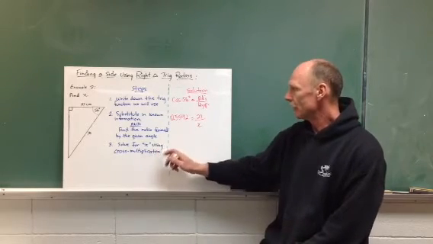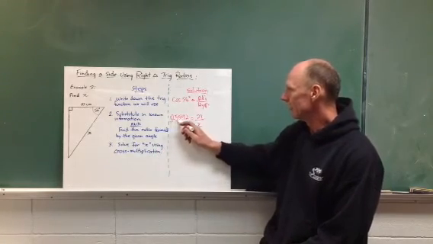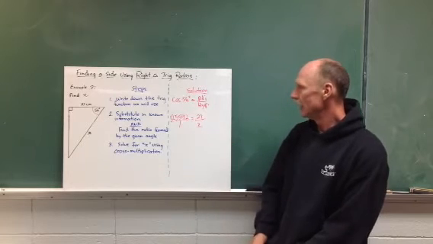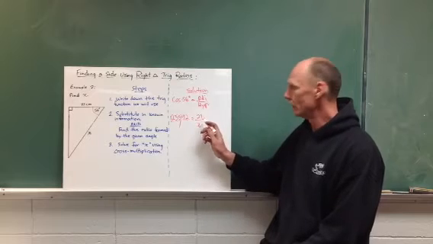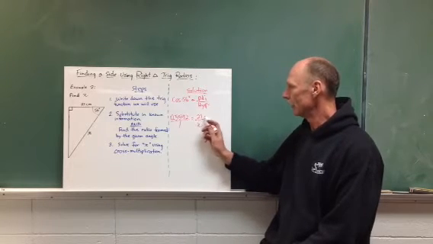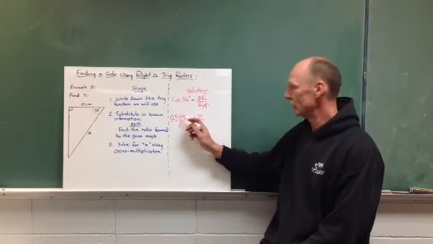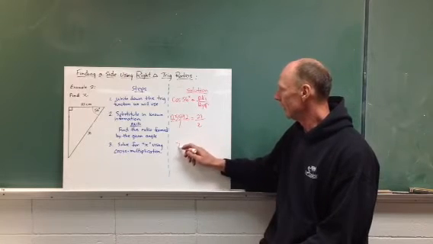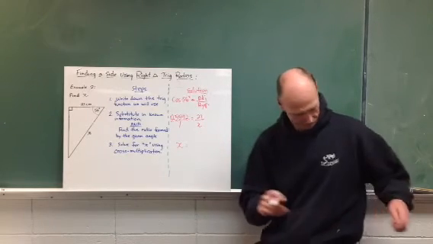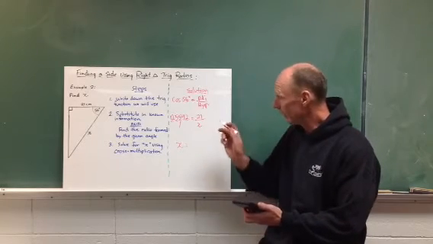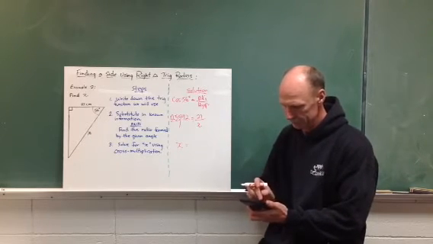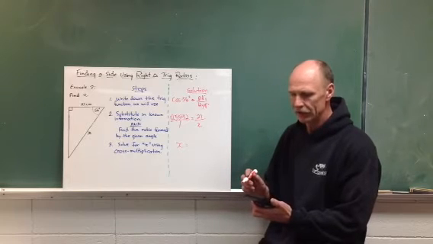Okay, now I'm going to solve for x using cross multiplying. I'm just going to put this over 1, and now simply cross multiply to solve for x. 1 times 21 is obviously 21, so I'll take that product of 21, divided by this third number will give me the unknown. So x equals 21 divided by that ratio is 37.55.